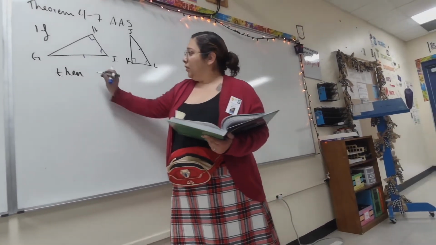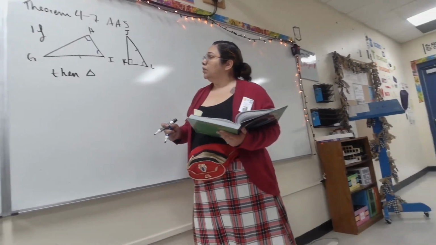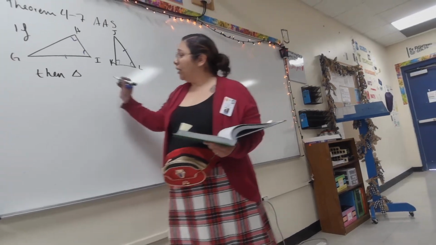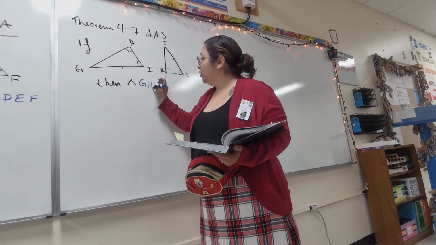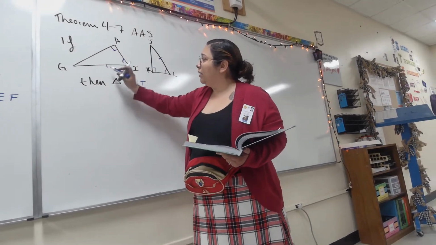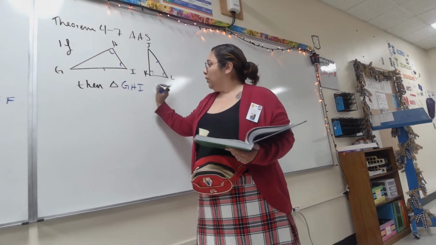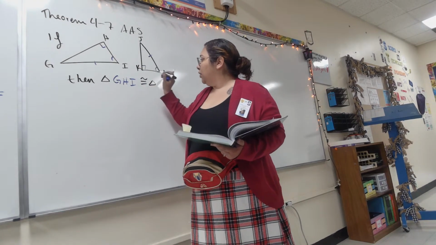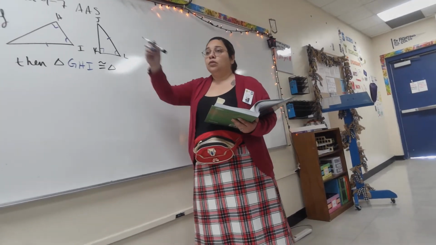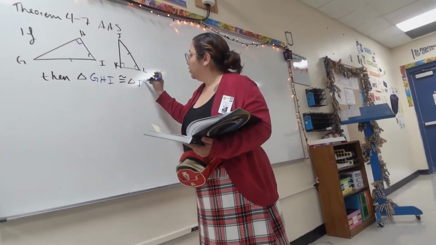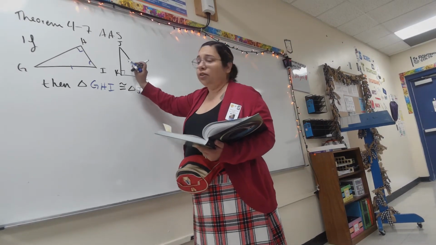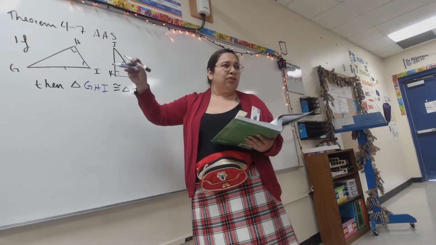I'm going to write the first one as GHI. So it takes care of this leg, angle, angle, side. Now, how do I write this congruent triangle? What order should I go in? JKL. Takes care of this leg, angle, angle, side. I said the other one wrong too. Angle, angle, side.